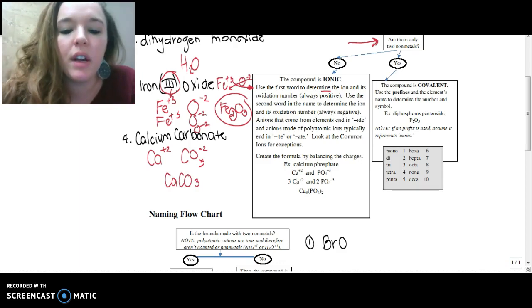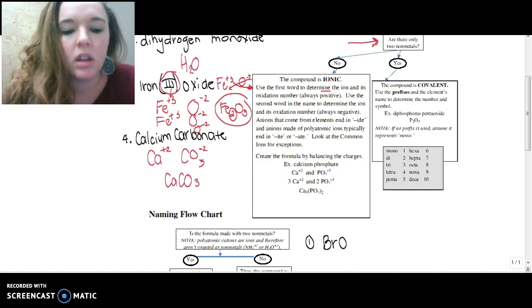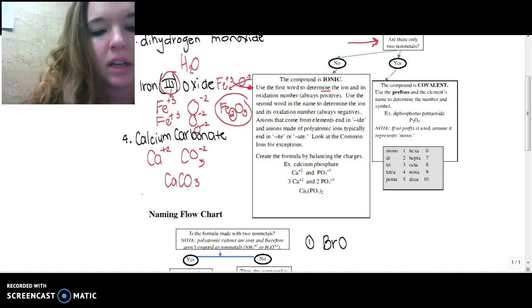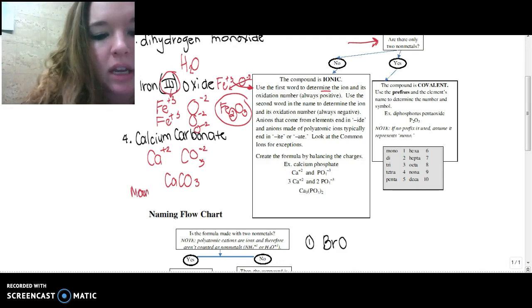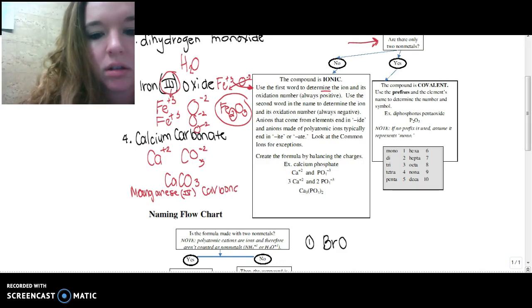Now, what if there was a different charge on calcium? Let's say we do something like manganese 4 carbonate. In this case, Mn gets a +4 charge and CO3 gets a -2 charge.